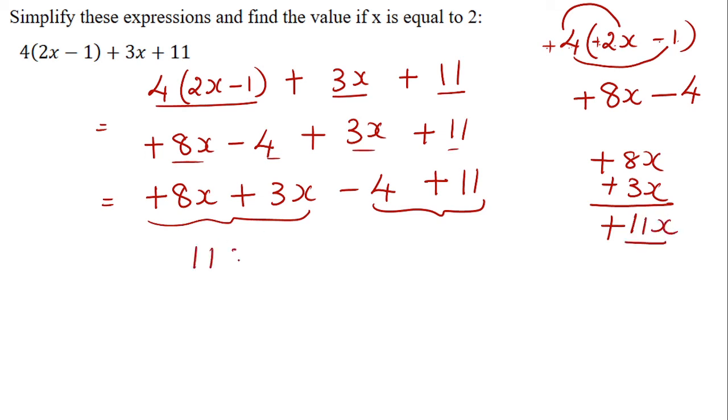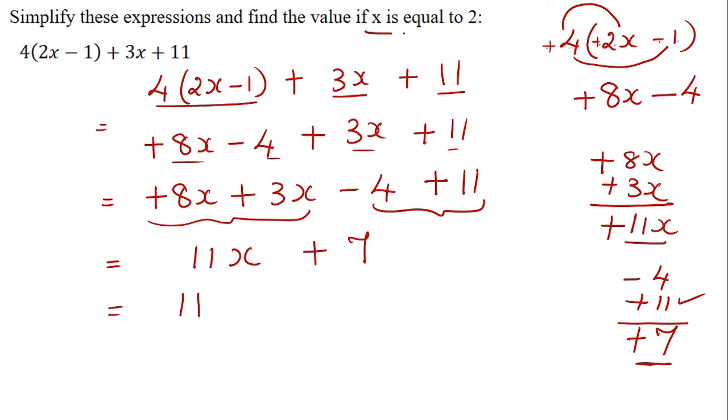So here the answer is 11x, minus 4 plus 11. Two different signs, put the bigger number sign and subtract. 11 minus 4 is 7. So 11x plus 7. Let us substitute the value of x is equal to 2.